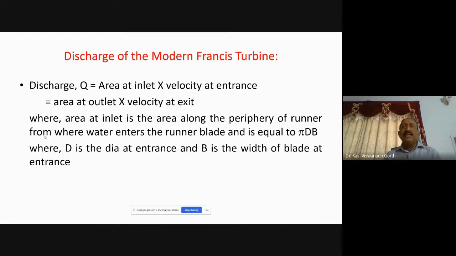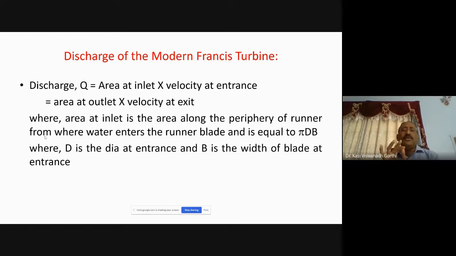So what we have done is that known values we have taken, some values we have assumed, and we have computed the required values, which constitutes the hydraulic design of a modern Francis turbine. Known values are the head H, the power required to be developed P, and the speed of the runner. Assumed values are overall efficiency, eta naught, hydraulic efficiency, eta H, breadth ratio n, flow ratio, and speed ratio psi and Ku.